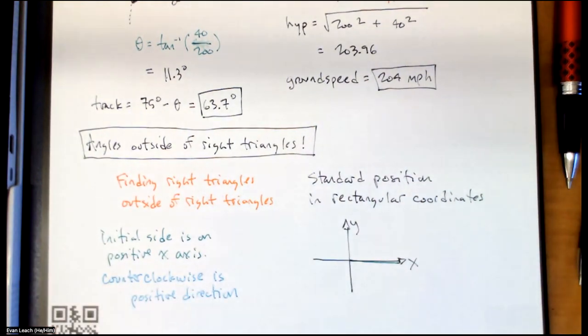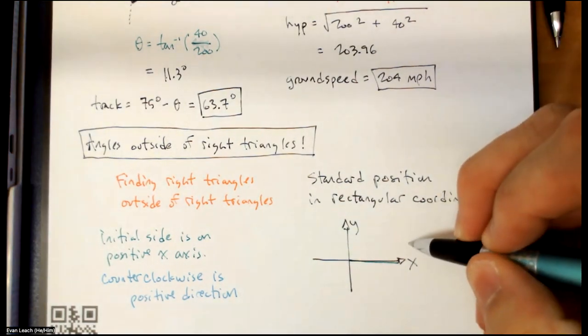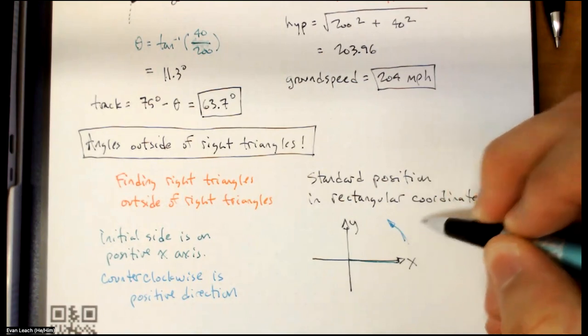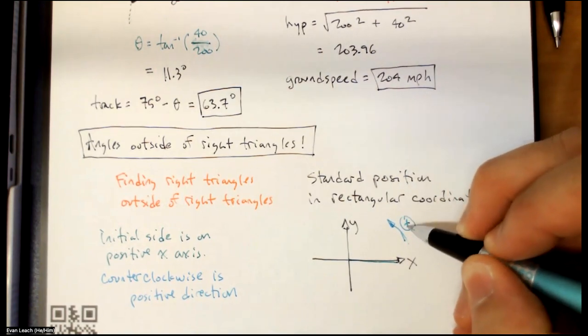We've got counterclockwise, we've got clockwise. We had to pick one of them to be the positive direction, and we decided that counterclockwise would be the positive direction. Go into the first quadrant first. So the way I indicate that is I say, going around this way is the positive direction.